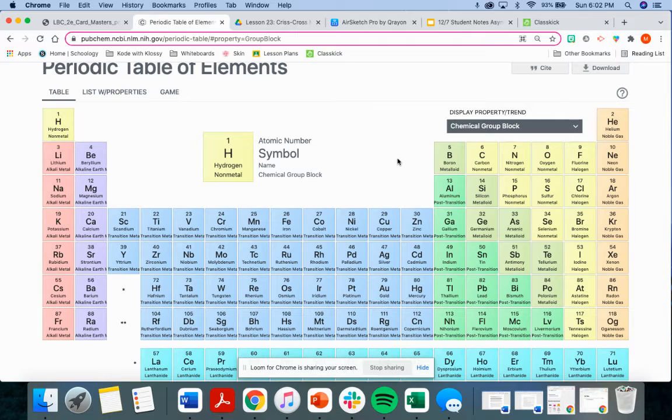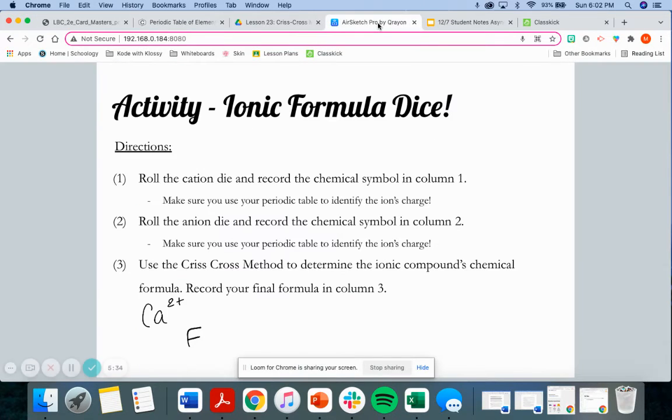And that fluorine is going to take on a -1 charge when it gains an electron to fill its octet. And then use the crisscross method. So Ca2+, F-, get rid of the positive and negative signs, crisscross. My final answer is CaF2.